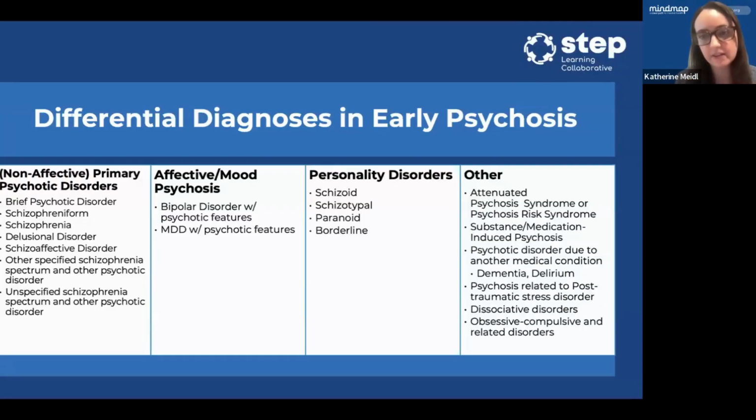And then schizotypal is also one that can really look similar to some of our primary or early psychosis syndromes. With schizotypal, there's more of a pervasive pattern of eccentric behavior and peculiar thought patterns. Their patients may often struggle with specific social deficits or cognitive distortions, and they'll have challenges with things like odd beliefs or ideas of reference, unusual perceptions, magical thinking.